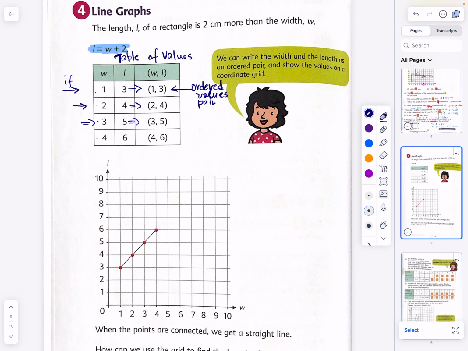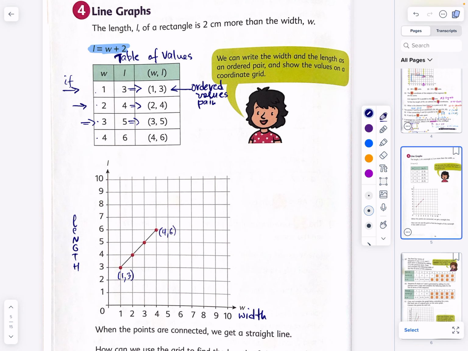What we can do, we can plot the width and length using the line graph so we can visualize the relationship between the width and the length in the rectangle. For example, the first point is if width is 1, length is 3, and the last point is if width is 4, length will be 6, right?